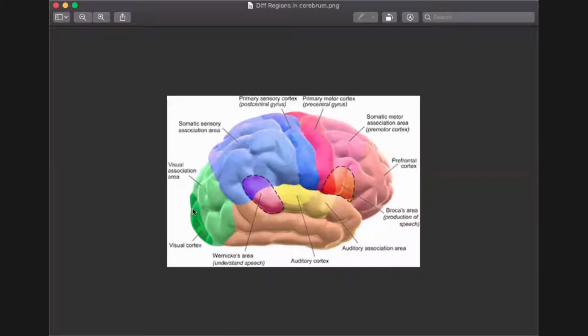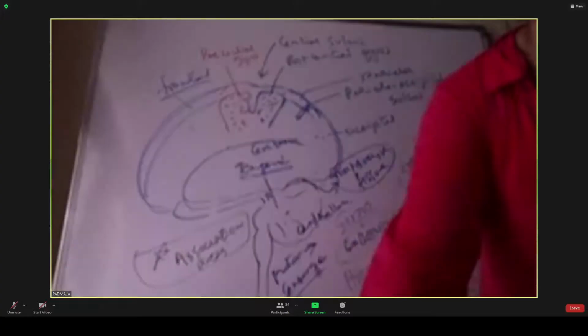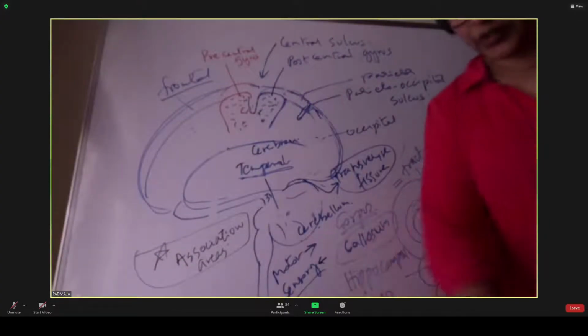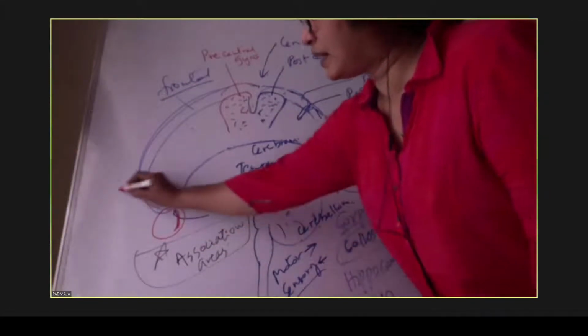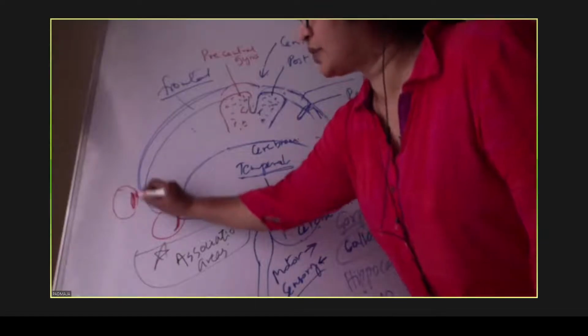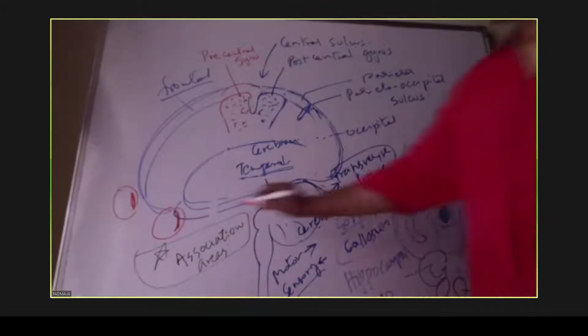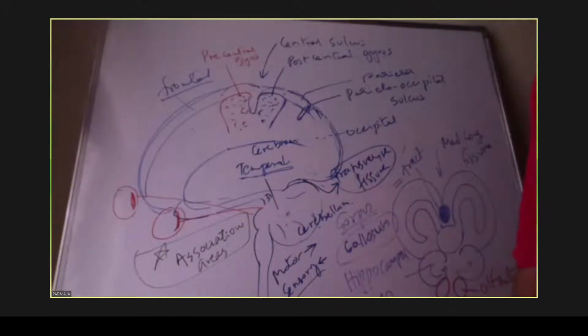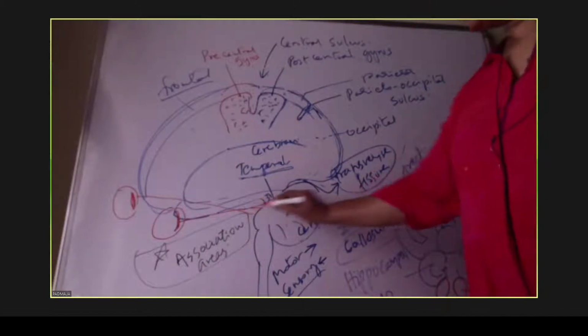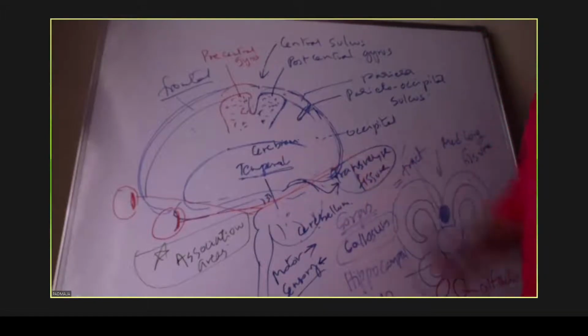Yes, ma'am. Occipital is particularly for vision. Why vision? You check, two eyeballs, retina, and optic nerve cross in front of the pituitary gland and this nerve track ends in the occipital region.